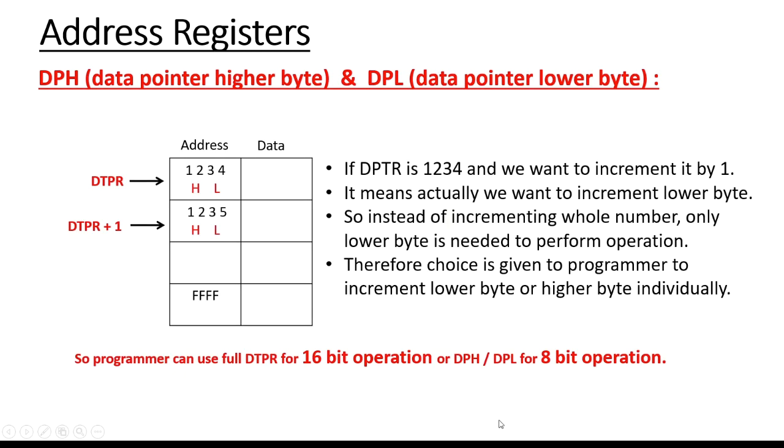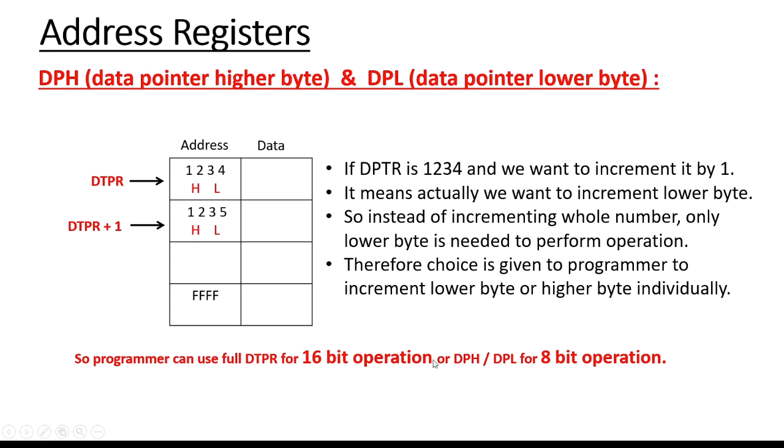So how is the data pointer altered when accessing data from the external memory? Suppose the DPTR is 123 and you want to increment it by 1. Since the 8051 is an 8-bit microcontroller, instead of incrementing the whole 16 bits, we can increment only the lower 8 bits.